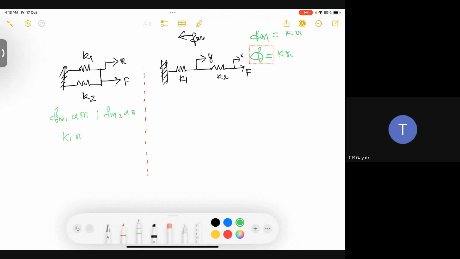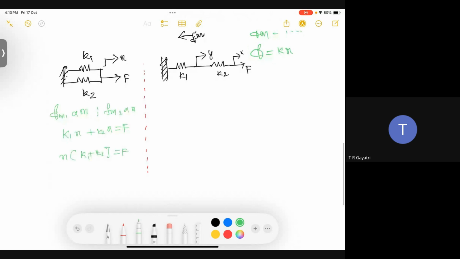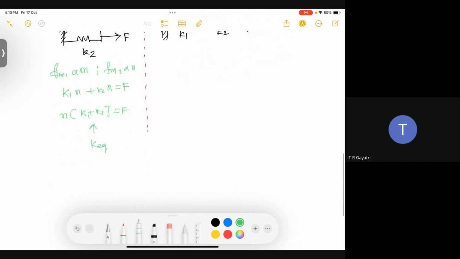So this will be K1x plus K2x equal to F. If I consider x as a constant, K1 plus K2 will be equal to F. So I am considering this as a K equivalent, where I define K equivalent as equal to K1 plus K2.